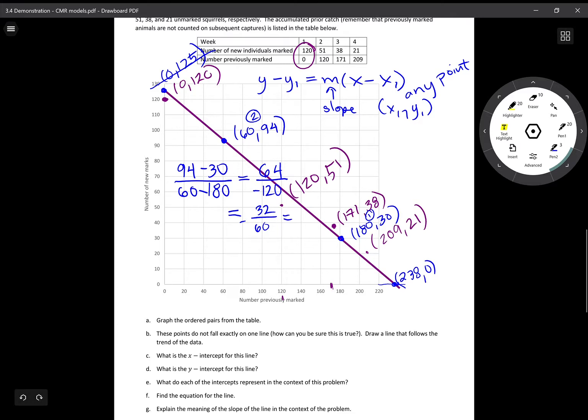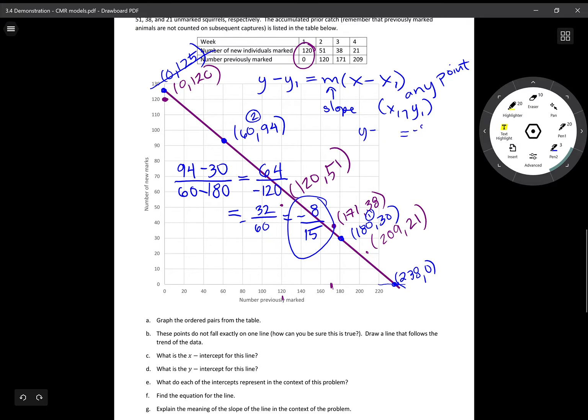Let's just divide, what can I get? A 4 out of that for sure. So 8 times 4 is 32, and 15 times 4 is 60. Okay, so there's a reduced slope. In a context like this, in a word problem, you can convert it to a decimal. That would be fine with me. I'm going to go ahead and leave it for now just because I don't feel like doing the calculator work.